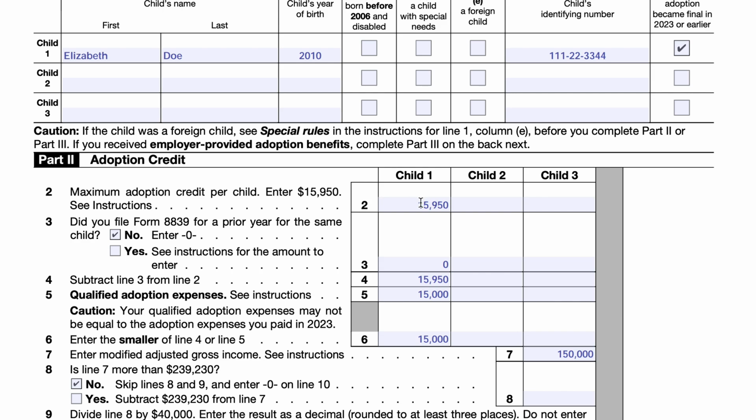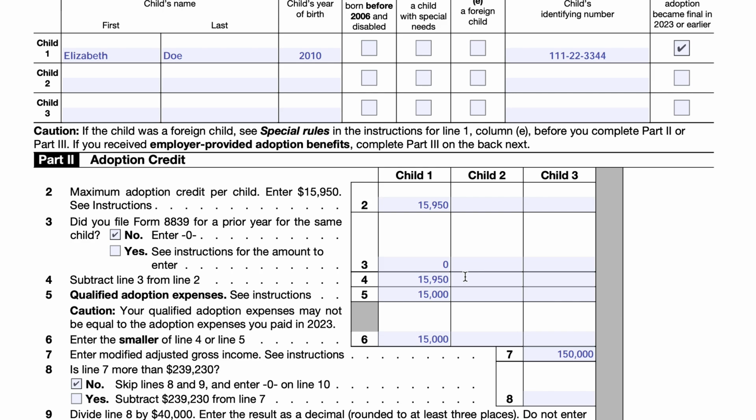So we enter the maximum adoption credit here. John did not file IRS Form 8839 for a prior year for the same child, so we'll enter 0. But if he did, you would have to back out those expenses. So we subtract line 3 from line 2, which means we bring down the $15,950.